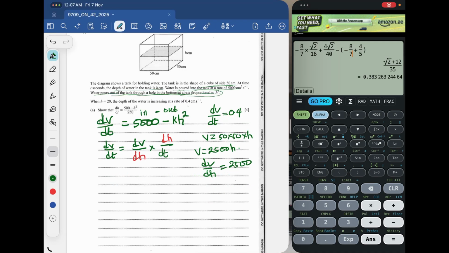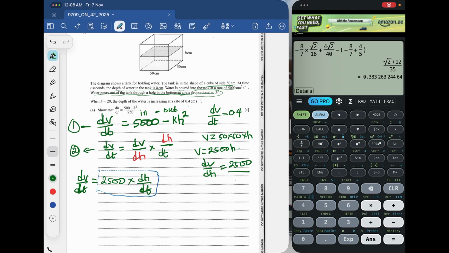So I have two equations, take note: equation 1 and equation 2. What do I do from here? We have dV by dt equals dV by dh, which is 2500, times dh over dt. I have to substitute this there, because we're trying to get dh.